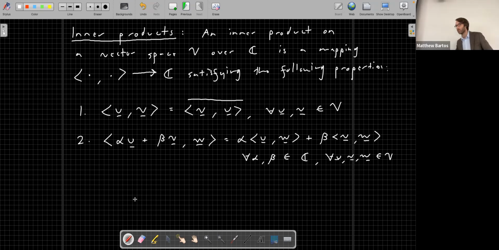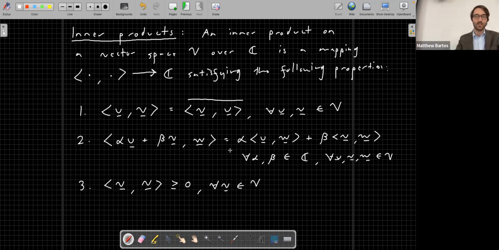And then just as with norms, we also have positive definiteness. So if we take a vector v and take the inner product with v, this has to be greater than or equal to 0 for all v in V. So the inner product of a vector with itself has to be greater than or equal to 0.